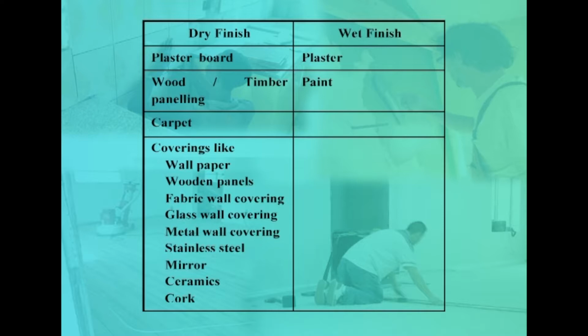Dry finish is carpet. Dry finish can also be various coverings like wallpaper, wooden panels, fabric wall covering, glass wall covering, metal wall covering, stainless steel, mirror, ceramics, cork, all these come under dry finish.